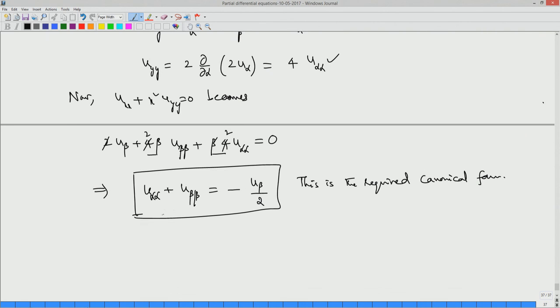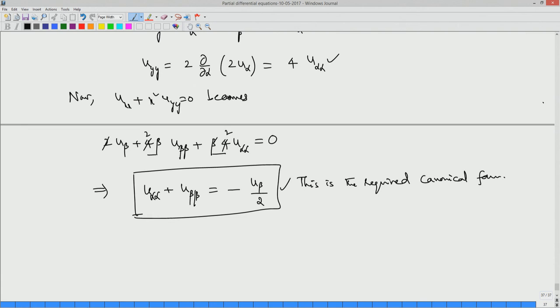It looks like the Laplace equation, but it involves first order derivatives, that is why we cannot solve it. Even if first order terms are not involved, still it is not possible, because it is a partial differential equation and you do not know any method to solve this one. So, in the elliptic case, whatever you do, you reduce finally only to the Laplace equation, that is u xi xi plus u eta eta equal to 0, or u alpha alpha.